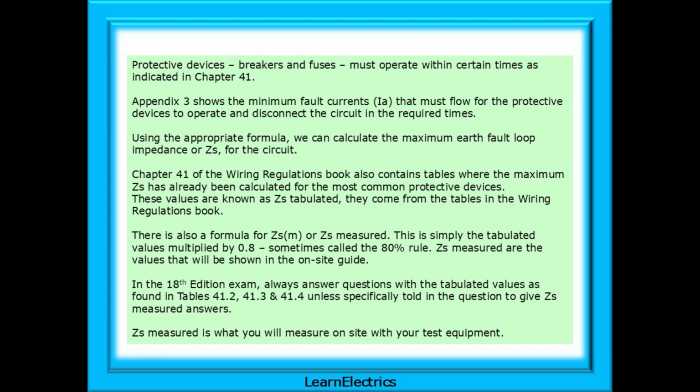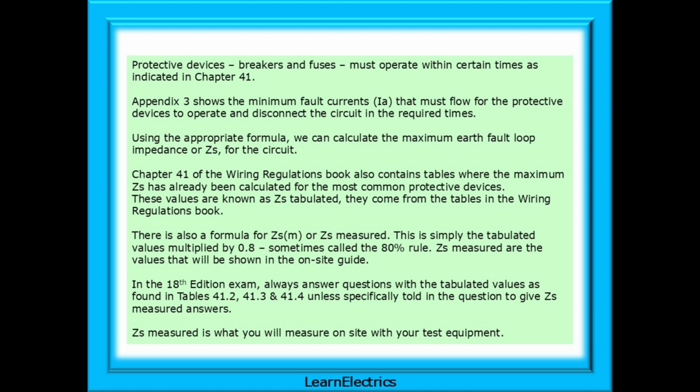In summary then, protective devices, breakers and fuses must operate within certain times as indicated in Chapter 41. Appendix 3 shows the minimum fault currents, IA, that must flow for the protected devices to operate and disconnect the circuit in the required times.